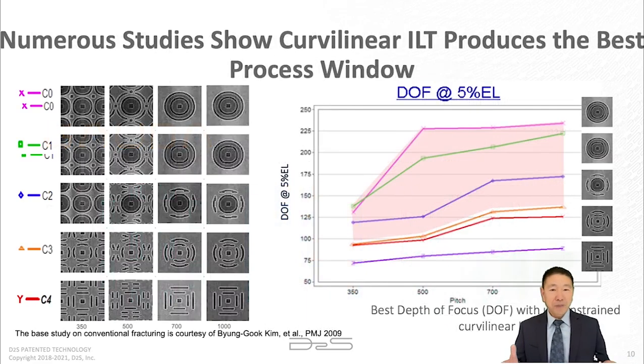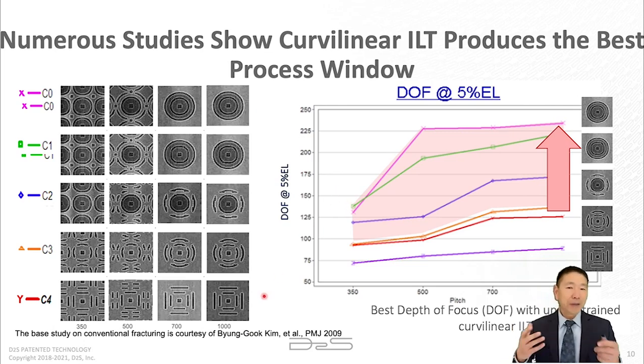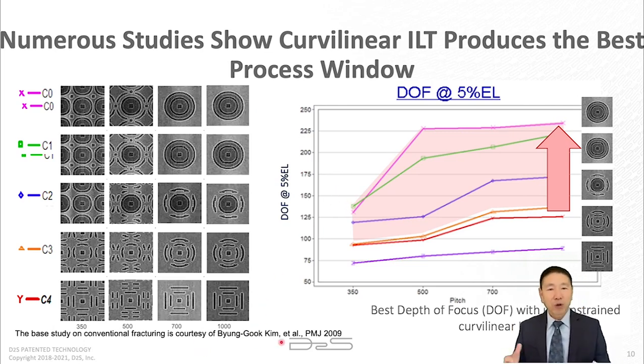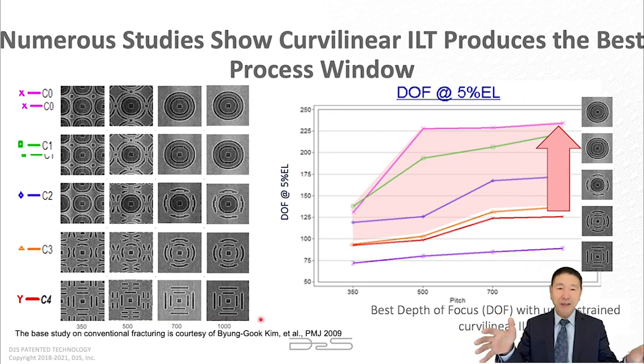There are numerous papers, especially from Luminescent, working with their partners and customers, showing curvilinear ILT gives you the best result in terms of process window. So this is one given by BJ Kim at Samsung. They worked with Luminescent. It shows a compact array, and the pitch changes from dense all the way to isolated.